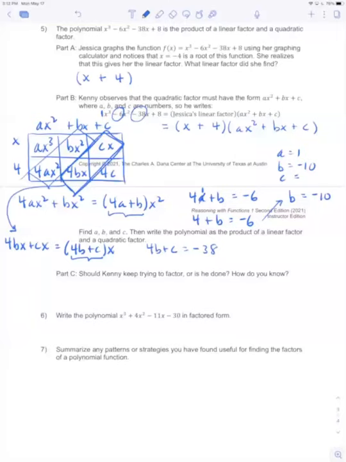We found b. B is -10. So this really is 4 times -10 plus c is equal to -38. Saving room, I'll just go up here and write it to the right. We're going to get -40 plus c is -38. So c has to be 2.